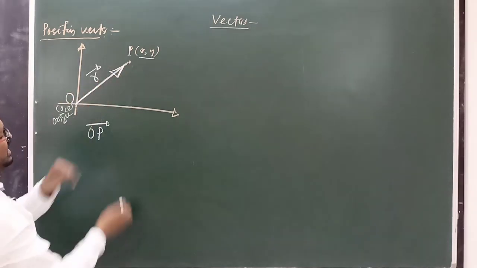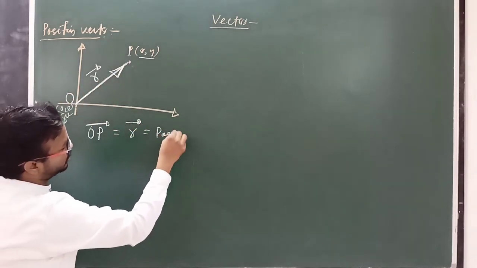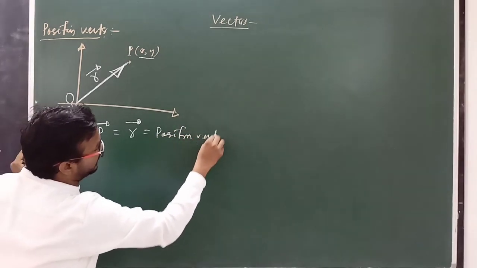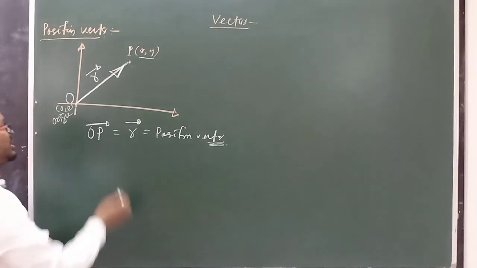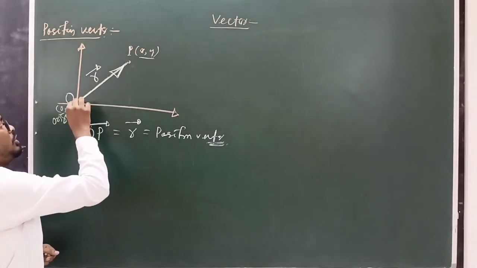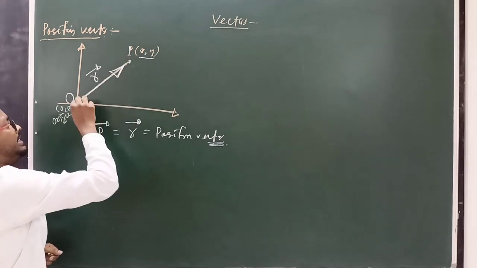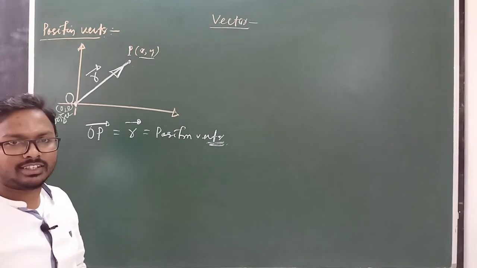OP vector, known as R vector, is called the position vector. Clear? First we choose an origin, draw a straight line from the origin to that point, and that vector represents the position of the particle.